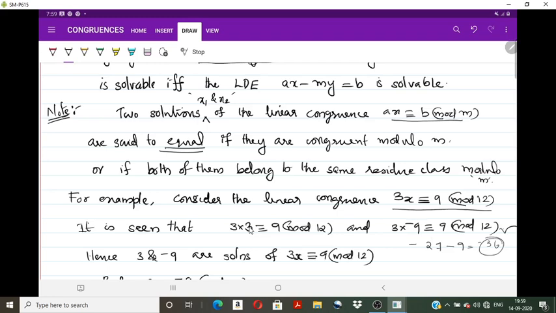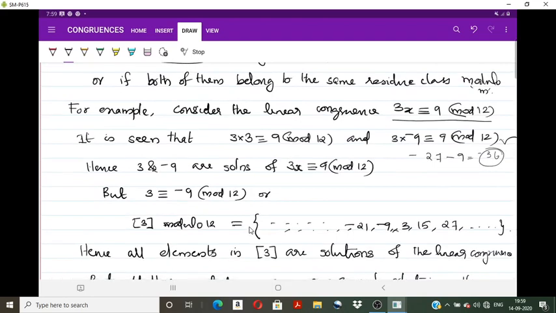So x equal to minus 9 is also a solution for the linear congruence 3x congruent to 9 modulo 12. We obtain two solutions, 3 and minus 9, for this congruence.